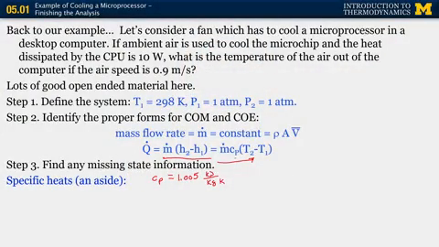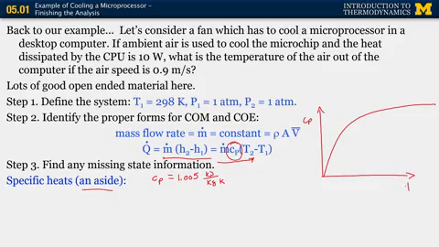But what I want to focus on right now, this is my aside on the specific heats, is that moving from here to here assumes a constant specific heat as a function of temperature. This number is assumed to be constant as a function of temperature. In reality, the specific heat actually varies with temperature.